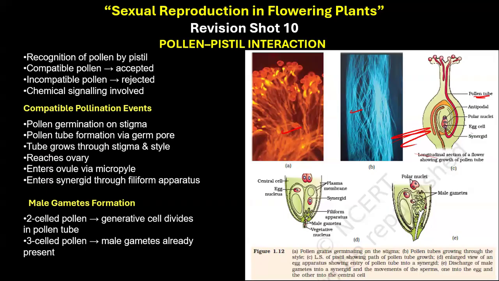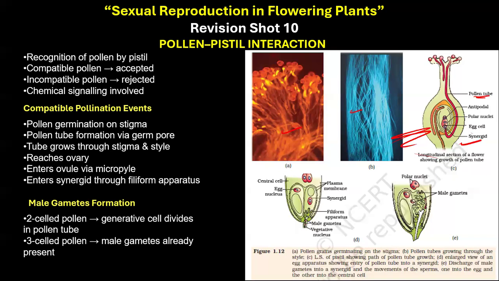It is guided by the apparatus in the synergids, called the filiform apparatus. We have discussed that. Then, in plants shedding two-celled pollen, the generative cell divides during pollen tube growth. We talked about how 60% of pollen grains are shed at the two-cell stage and 40% at the three-cell stage.